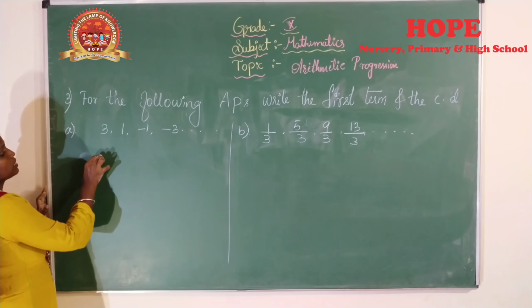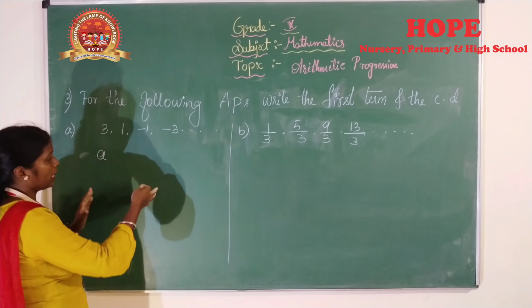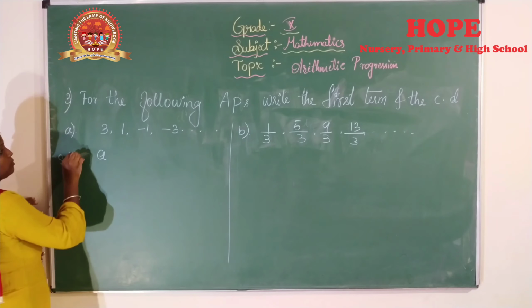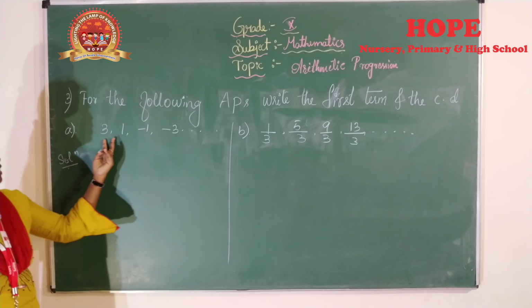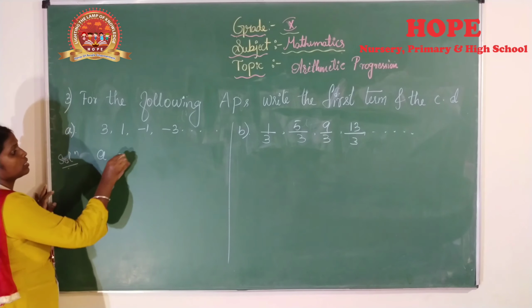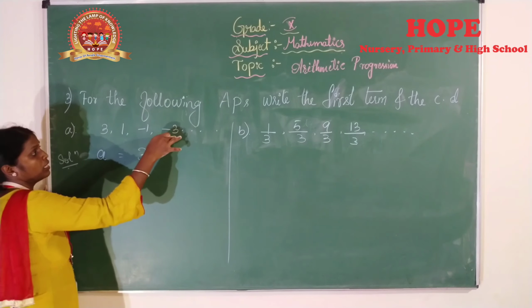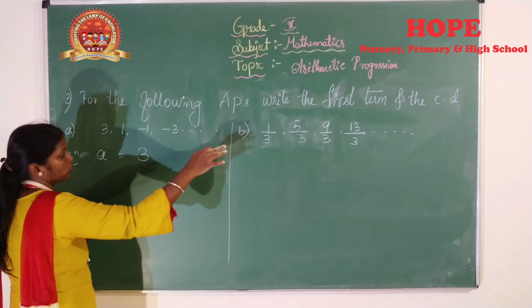The first term is nothing but A, we can call that A1 or A. So the first term in the given AP is 3. And this is the second term, the third term, the fourth term, and so on.